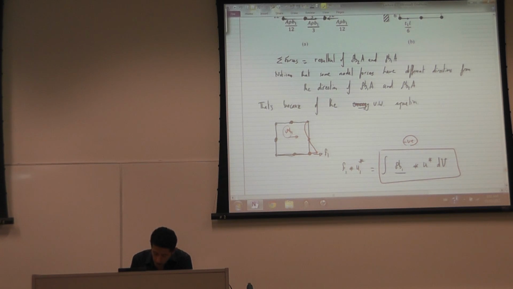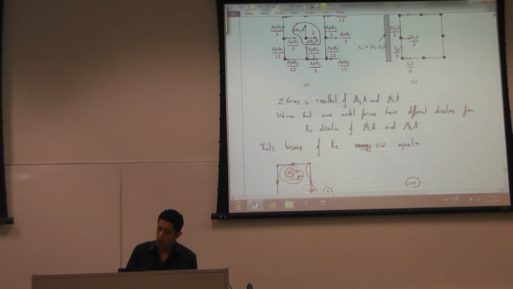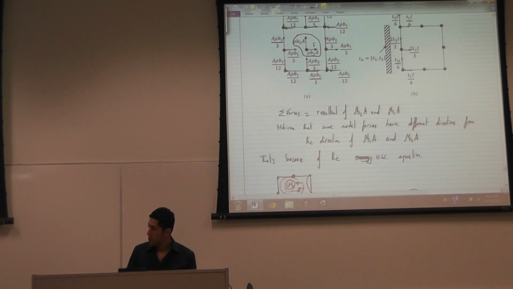Negative because, in fact, this area has moved in the positive direction, but this whole area has moved opposite to rho B1. Because this whole area has moved opposite to rho B1, the actual magnitude of the work is negative. And so the equivalent force here is negative. Just to use it because we're using that virtual work equation. So, in other words, the equivalent forces that would produce the same virtual work equations when you apply.